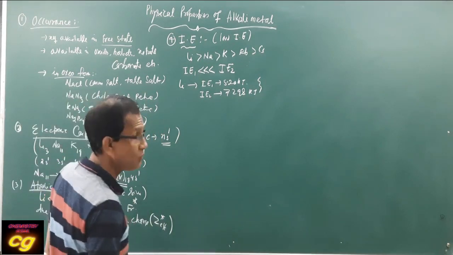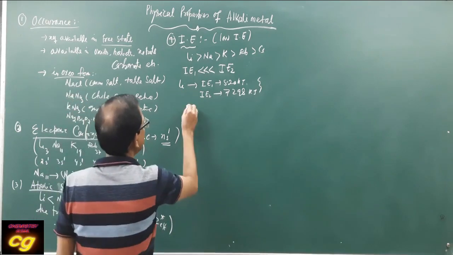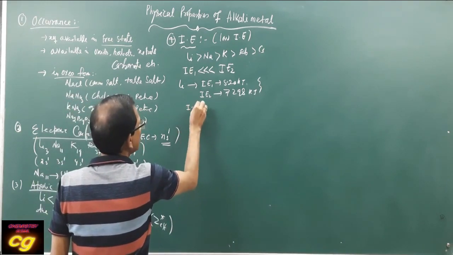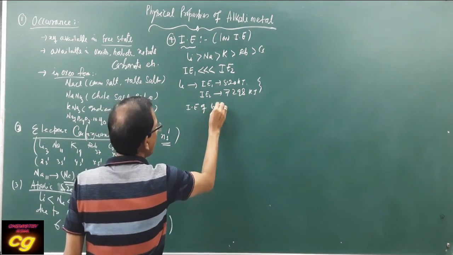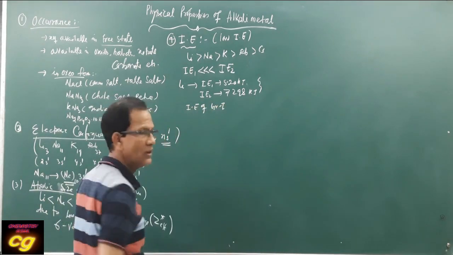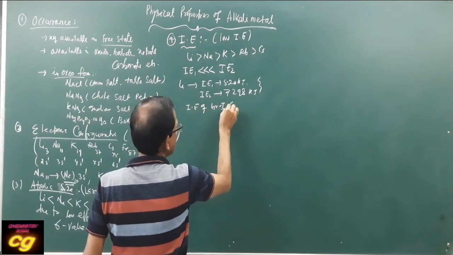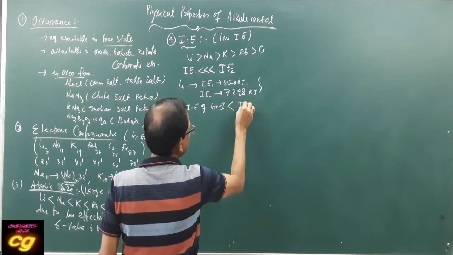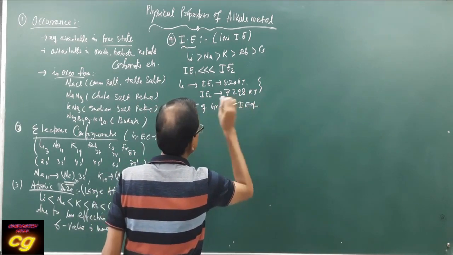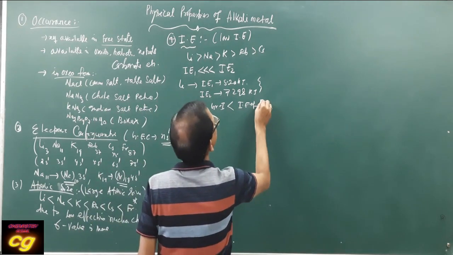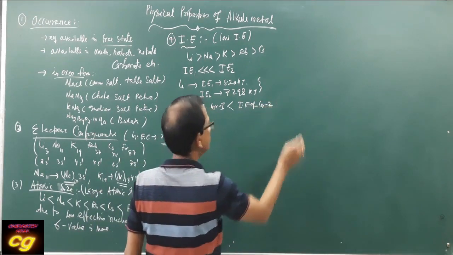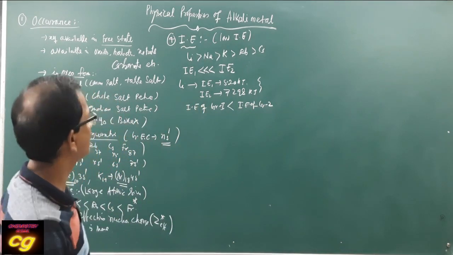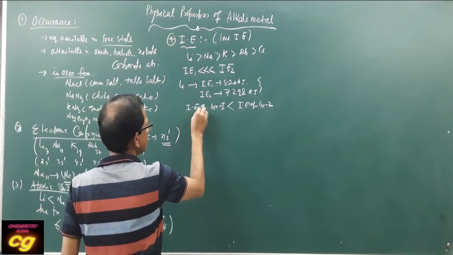Then if you compare with alkaline earth metals, the ionization energy of group 1, the alkali metals, is less than that of group 2. But which ionization energy? The first ionization energy.